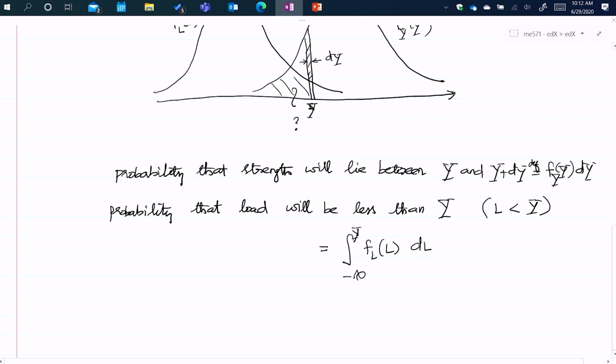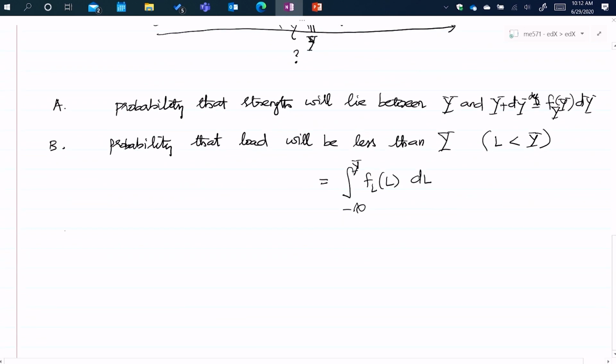If you call this event A and this event B, then the probability that A and B will both occur, that is, the probability that strength will lie between y and y plus dy and the load will be less than y, is given by the product rule.